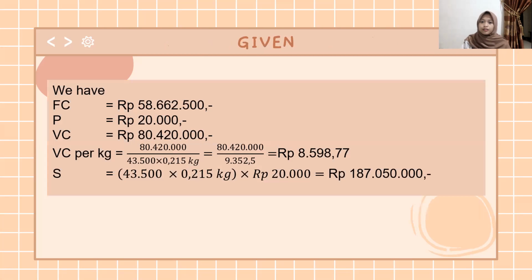Next, from the previous data, we have the given data. FC is the fixed cost, 58 million and so on. P, the selling price per unit per kilogram of fish, is 20,000 rupiah.